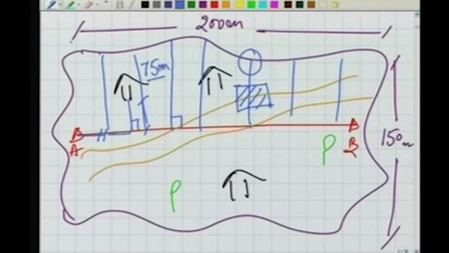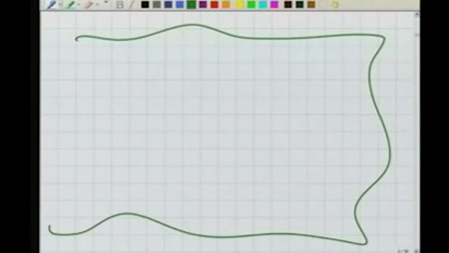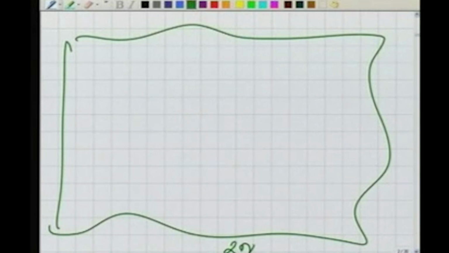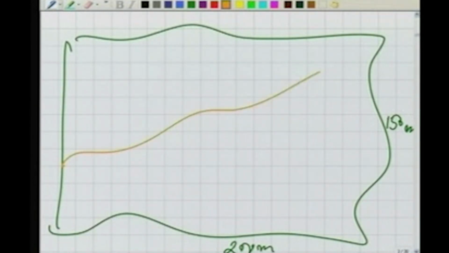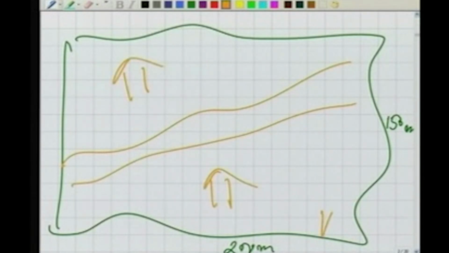Well, one solution could be, if some of you may be thinking like this, for the same area, which is 200 meter and 150 meter, with the road, these houses and the usual trees, well, can we do one more thing?